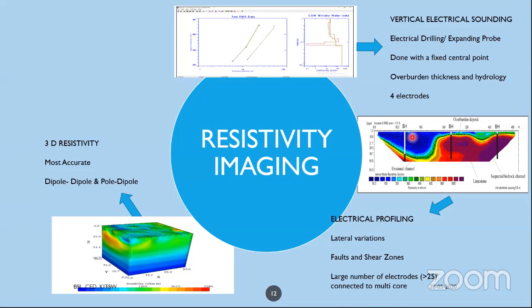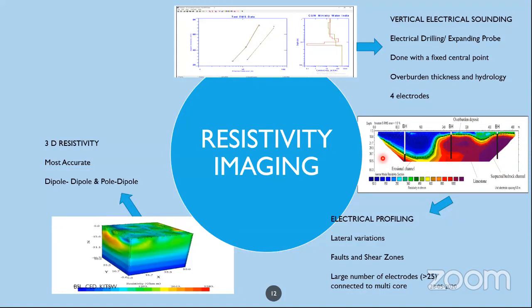If you see this method, I'll just discuss this in detail. There is an option called pseudo section. Of course, the latest trend, one of the equipment which we are using for this is the Terameter. Terameter is the device which can be used to get 2D and 3D imaging.